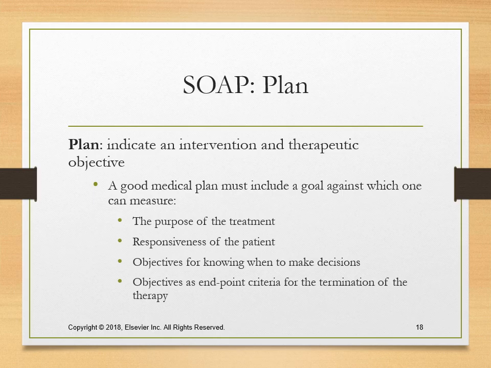The purpose of the treatment, the responsiveness of the patient, objectives for knowing when to make decisions, objectives as an endpoint criteria for stopping that therapy. When is the underlying condition considered resolved? All of this should be in the plan.